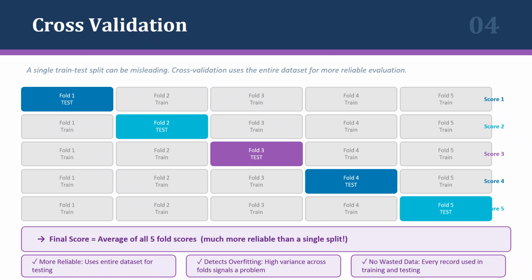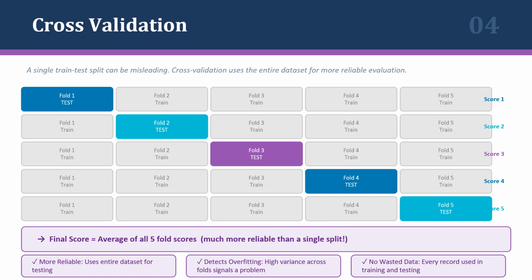So the common variants are stratified k-fold, maintains class proportion in each fold. This is mainly used for classification. Leave one out, LOO. K equal to n, that is each sample is test set once. It's very slow, but fine for tiny data sets.